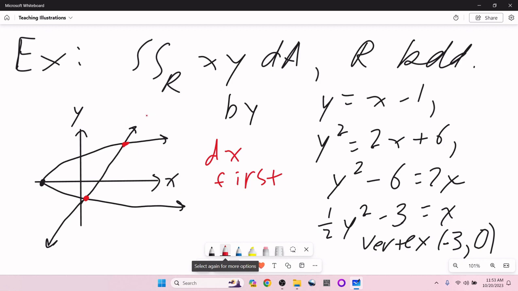And so if you're doing dx first, then your curves have to be solved for x. So this curve here would be x equals y minus 1 plus 1. Sorry, add 1 to both sides. And this other one we've already solved, x equals 1/2 y squared minus 3.